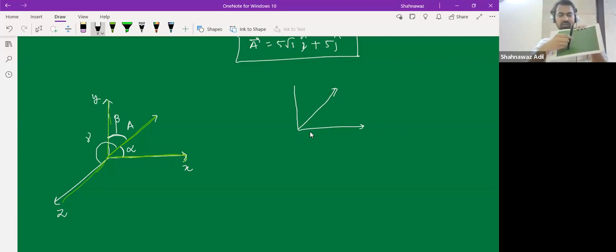But if the vector is not in the plane, the angle with the y axis would be different. Is that clear?